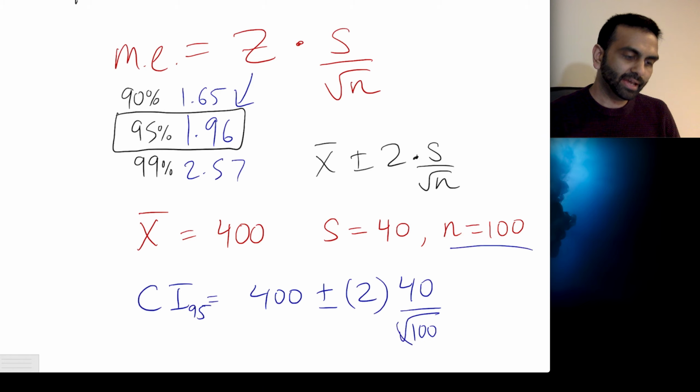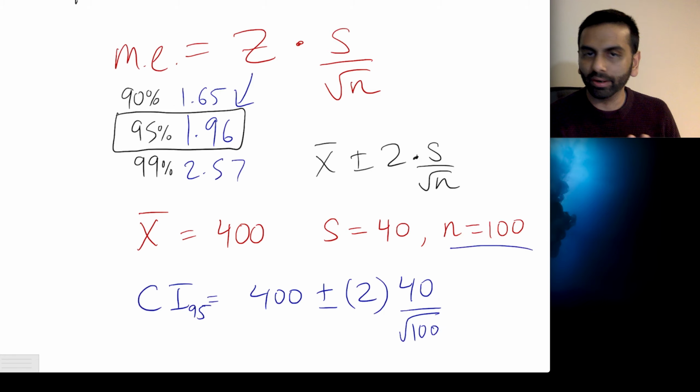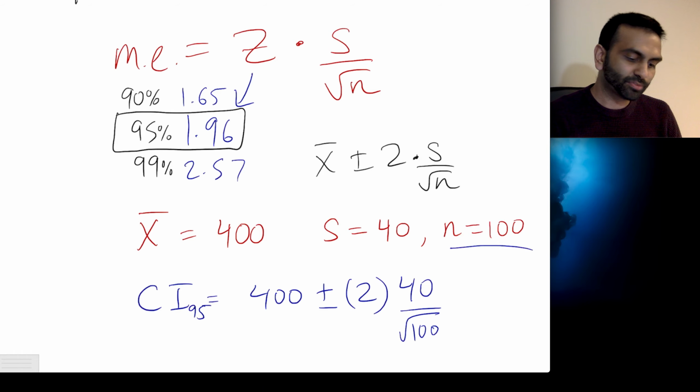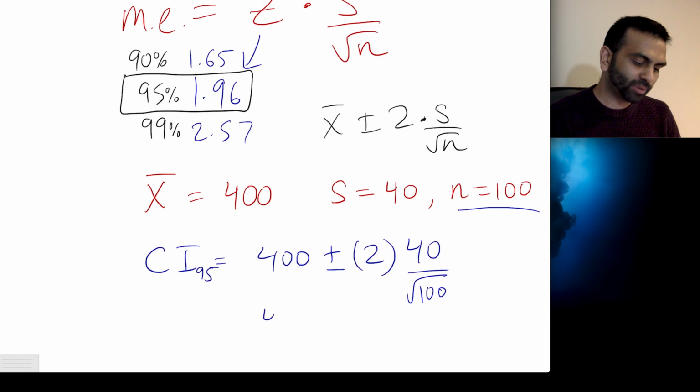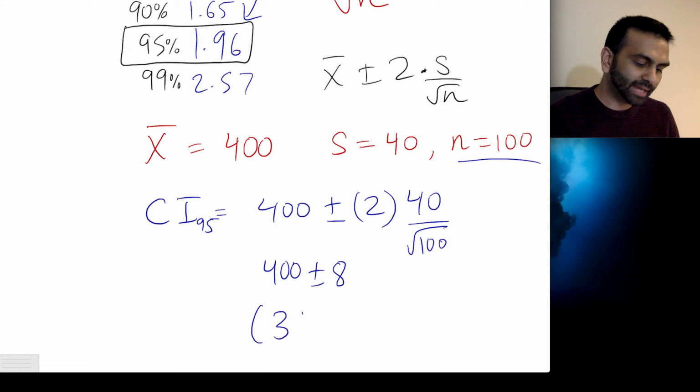So root 100 is 10. 40 divided by 10 is going to be 4. And 2 times 4 is 8. So you would write this as 400 plus or minus 8, which you could then report as 392 to 408.